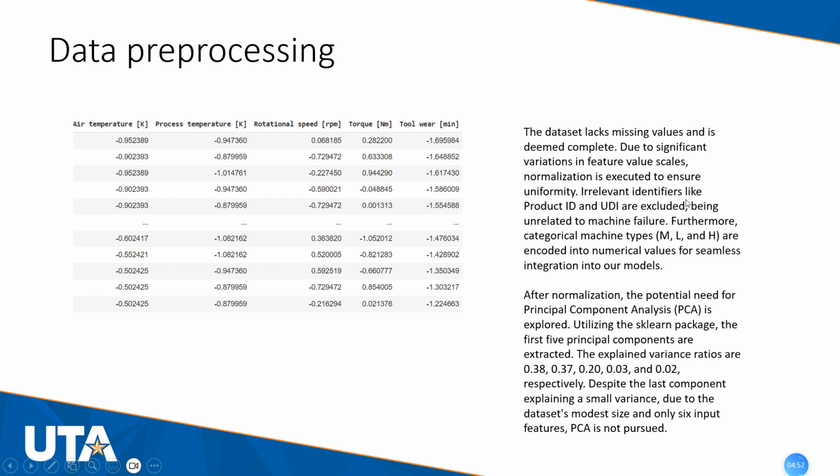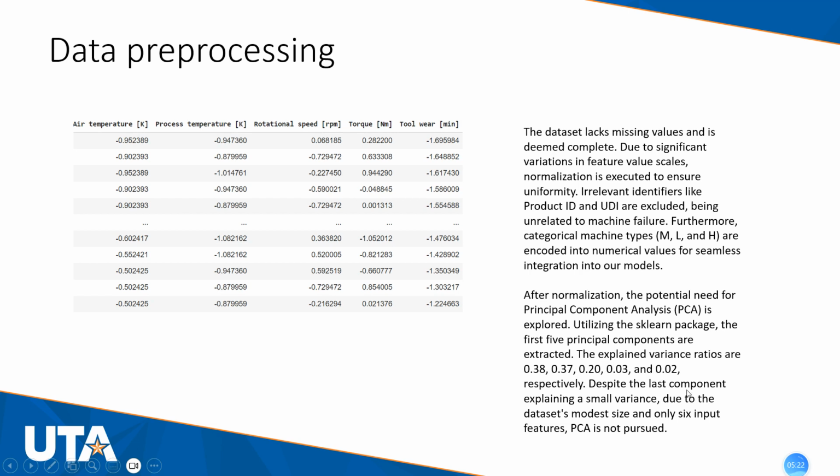Next, we conduct the data processing. There is no missing data in the data set, and most features have a large range, so we conduct a normalization. After normalization, we want to see whether PCA is needed or not. We use sklearn to observe the first 5 principal components.